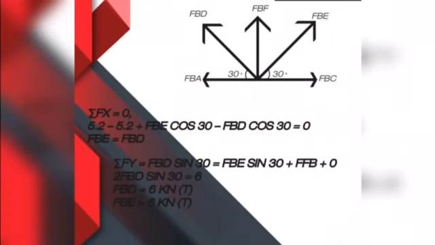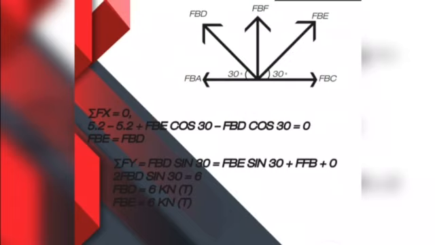Let's move on to joint B. At joint B, sigma Fx equals 0: 5.2 minus 5.2 plus FBE cos 13 minus FBD cos 13 equals 0. FBE equals FBD.